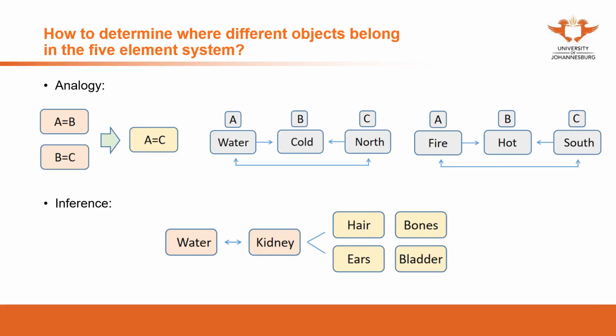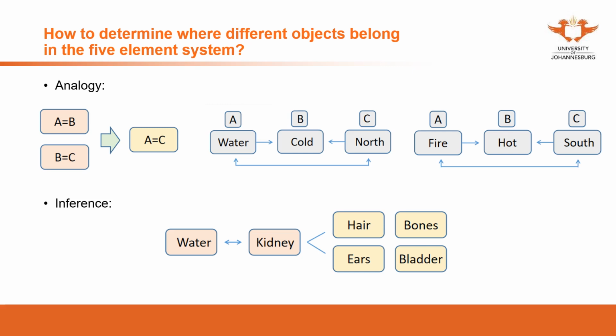You may want to know how to determine the nature of different objects, especially from the previous tables. How do you put them in different systems according to the 5 elements? We mainly use two methods, analogy and inference.